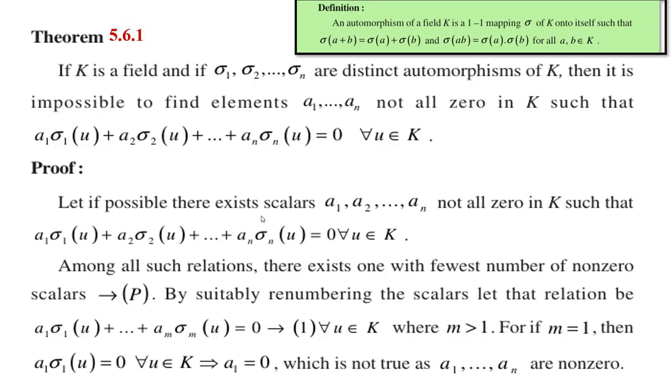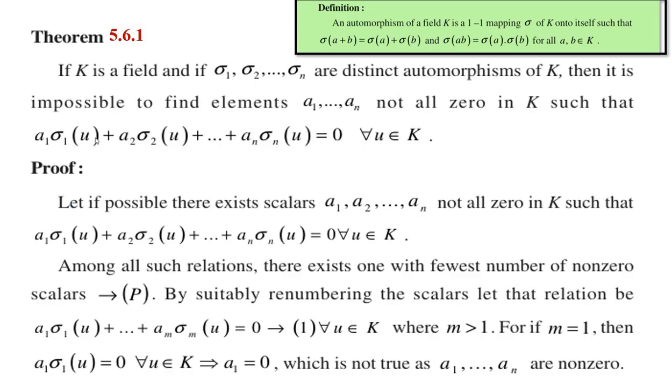Now let, if possible, there exist scalars a1, etc., an, not all 0, in K such that the linear combination is 0 for all u in K. What is given is that it is impossible, but what we are writing here is, let if possible. That means we are considering the contrary of what is given, so we have to arrive at a contradiction.